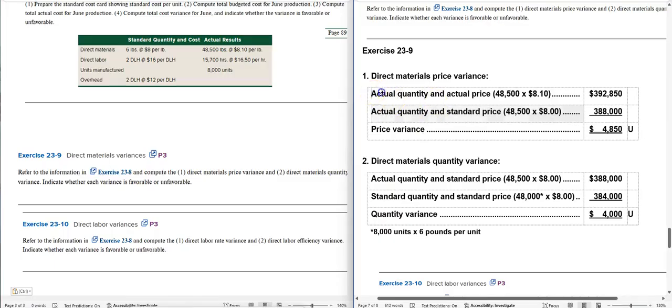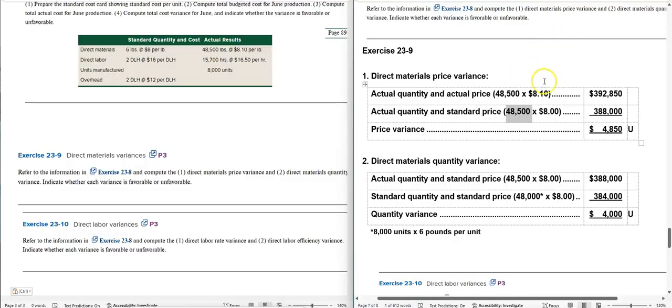If we are comparing these two amounts, the only difference between them is going to be the price. One is using actual, one is using standards. Both of them are based off of the same quantity, the actual quantity, right?